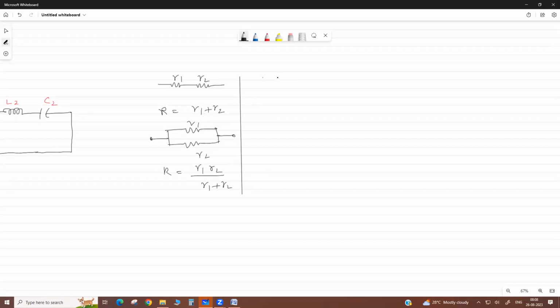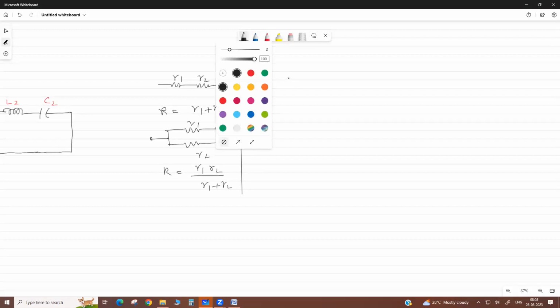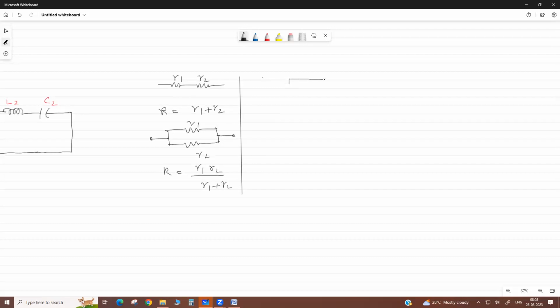See, suppose there are 2 coils, coil 1 and coil 2. They have self inductances L1, L2.